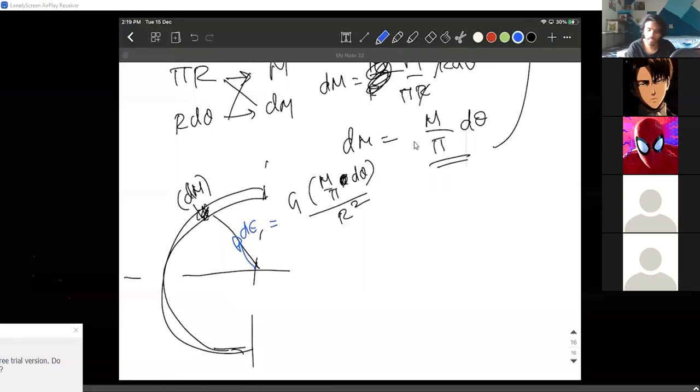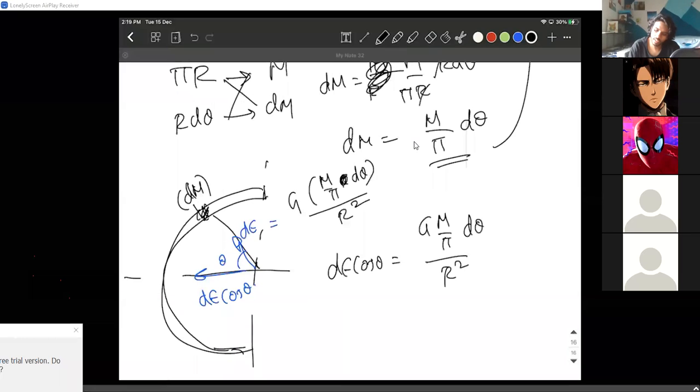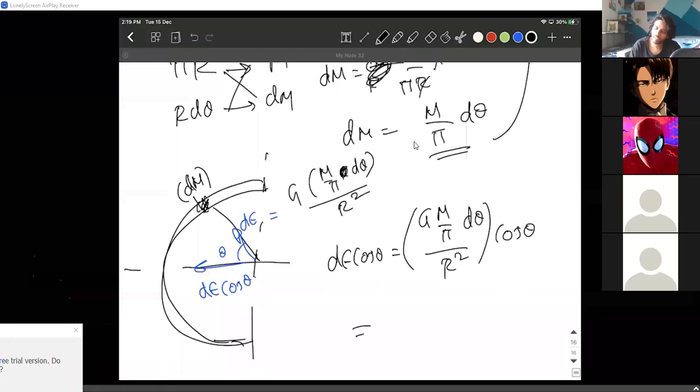What I have to do is I take dE cos theta. So dE cos theta will be equal to G m by pi r square into cos theta d theta. If I have to integrate it, all of them are constant, G m by pi r square. Only cos theta and d theta are the variables.